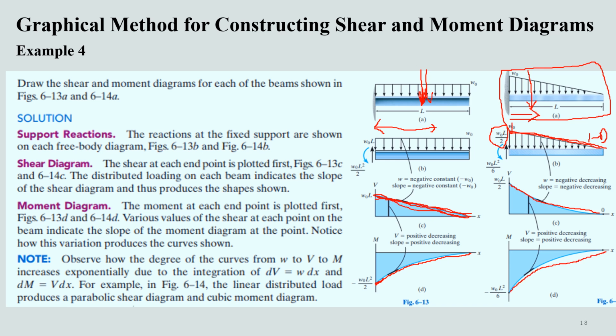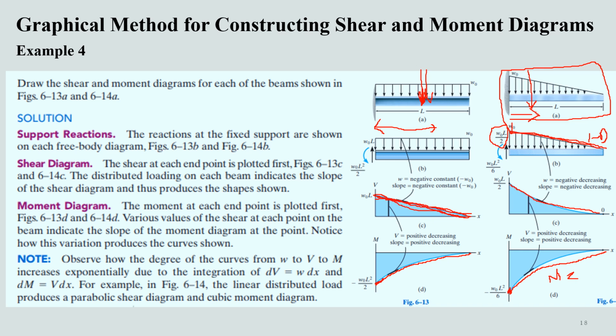The rest of the procedure for determining values is the same: you can simply determine the value of moment at any location by taking the moment at the initial or starting point, and then adding to it the change in moment within that segment.